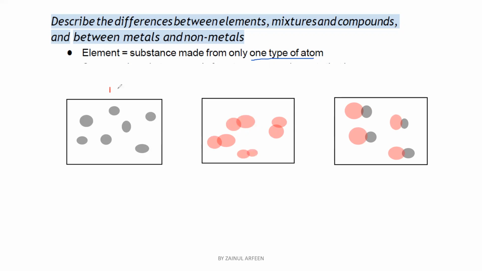So we have three different substances such as A, B, and C. What about A? Is it an element? Yes or no? The first substance is made up of one type of atom. A is an element or no? That's the question.